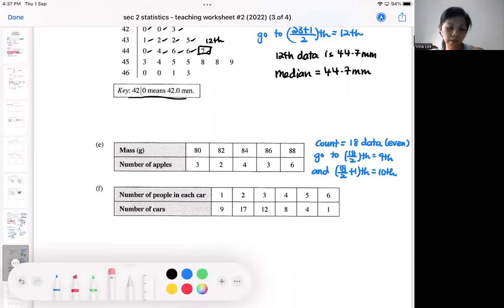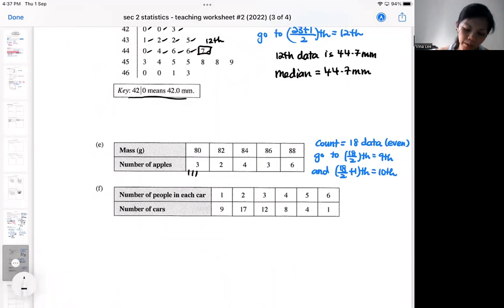So how to go to the 9th and 10th? So you count. There are 3 here. 1, 2, 3, 4, 5, 6, 7, 8, 9. So this is the 9th data. The 9th data is 84 gram. Then 9, 10, 11, 12. So this is the 10th data. The 10th data is 86 gram.